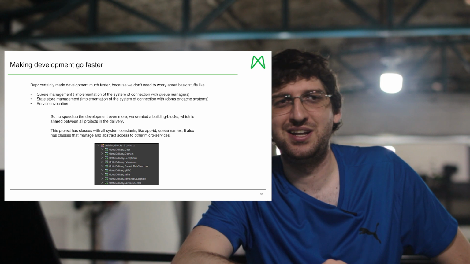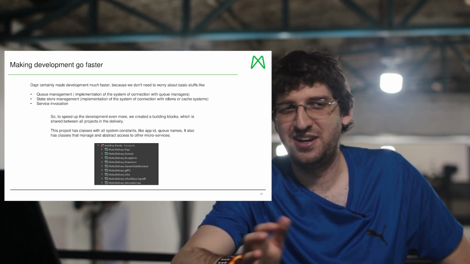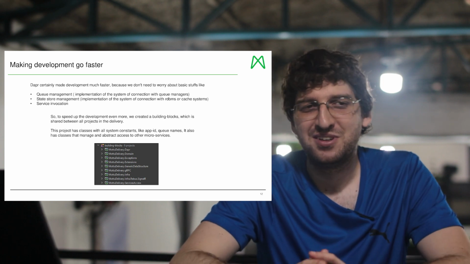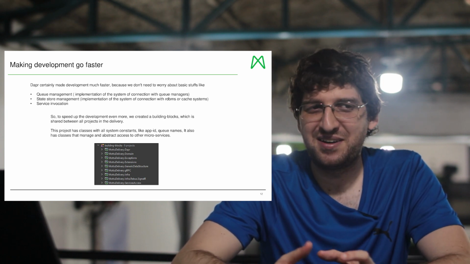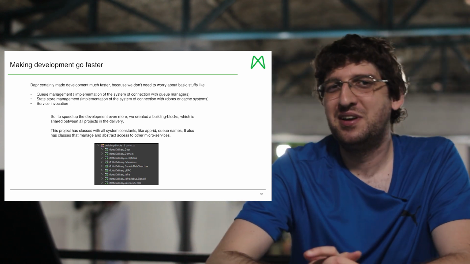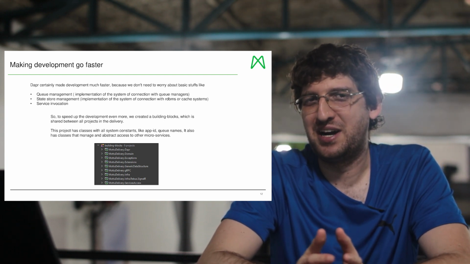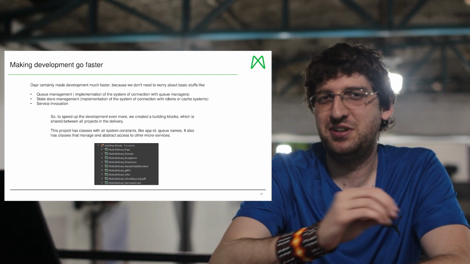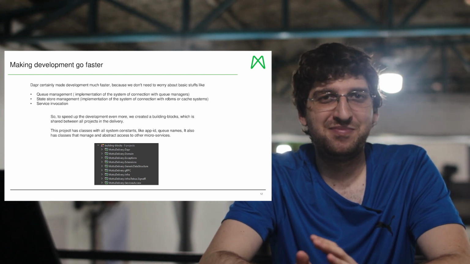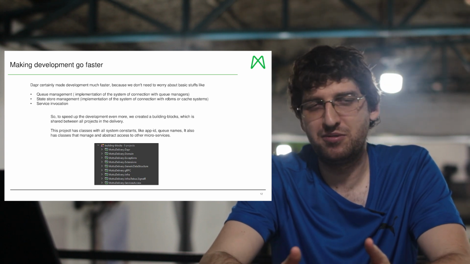So, okay, let's use, for example, RabbitMQ, Redis, or Kafka. It gives us much more security in the coding process, because we don't need to worry about the infrastructure and peripheral systems, or write code just for RabbitMQ or Kafka or Redis.